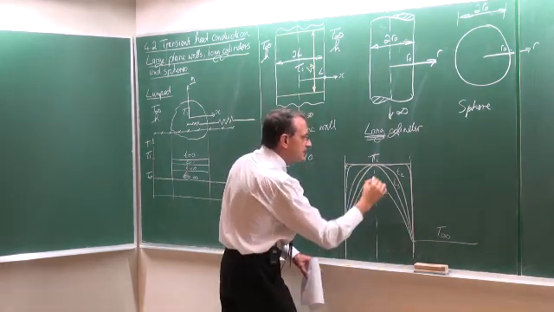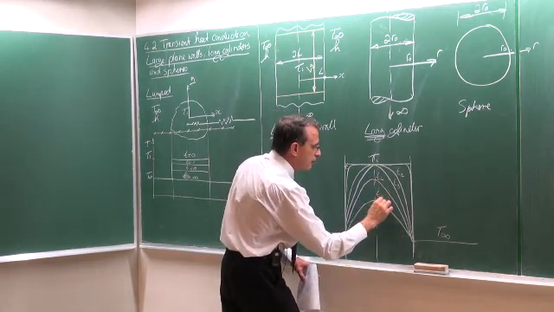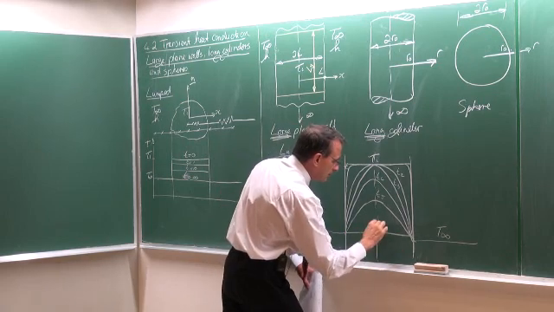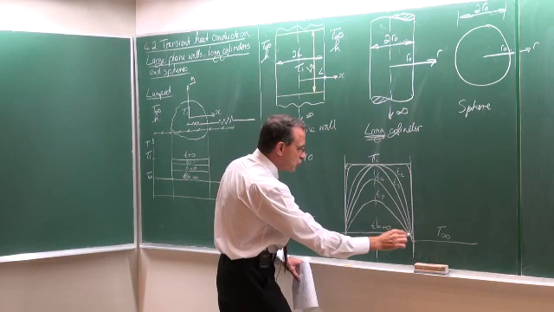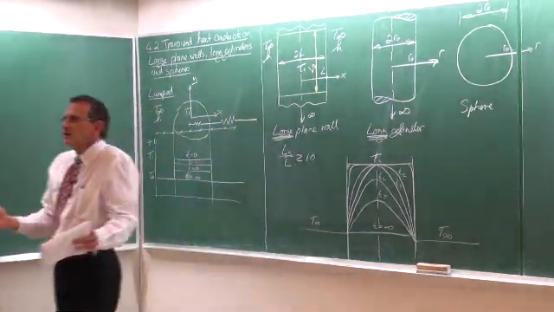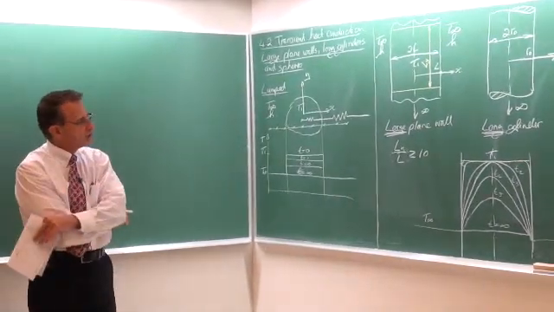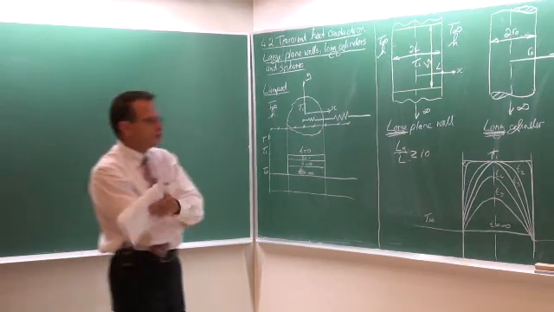So we'll start doing something like that, T4, T5, and then at last, when t is equal to infinity, the temperature throughout the wall would be equal to that of the environment. So that is typically what is going to happen if we take temperature measurements through a large plane wall as a function of time.